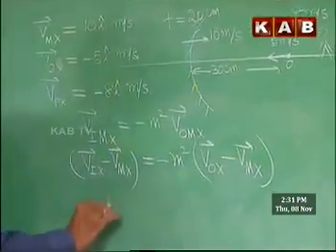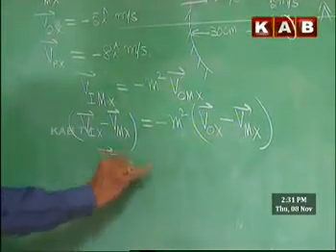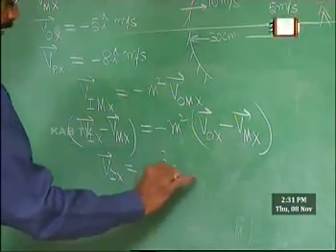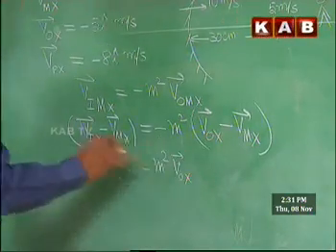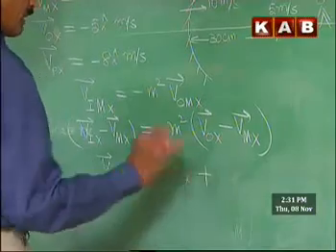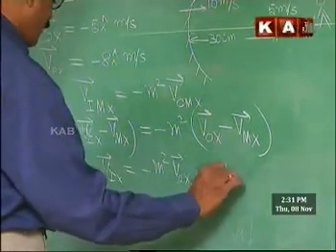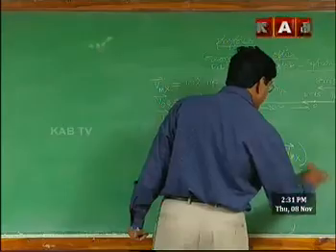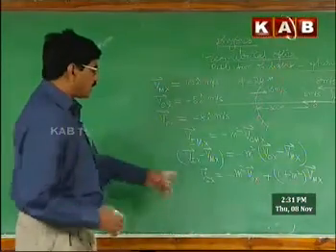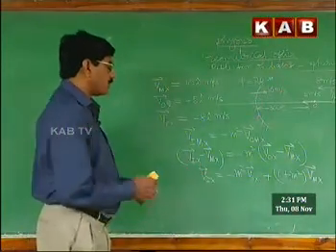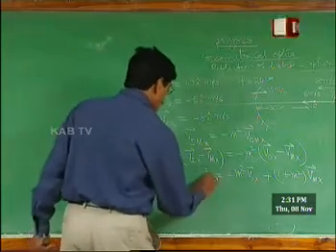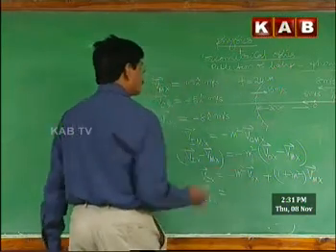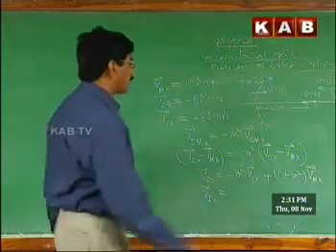What we get is VIX is equal to minus m square VOX plus 1 plus m square VMX. So the velocity of the image with respect to the ground reference frame is VIX equal to minus m square. We have to calculate the magnification.